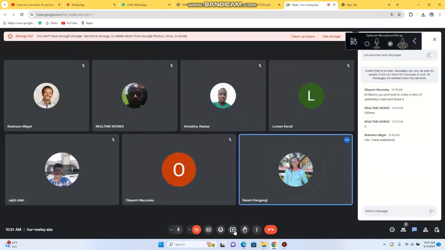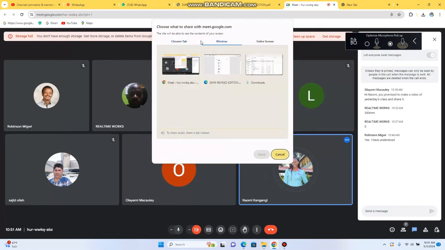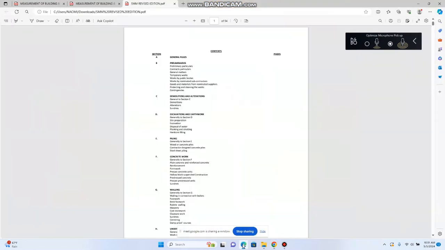Okay, share screen. When I open the Microsoft Edge, what can you see on your screen?